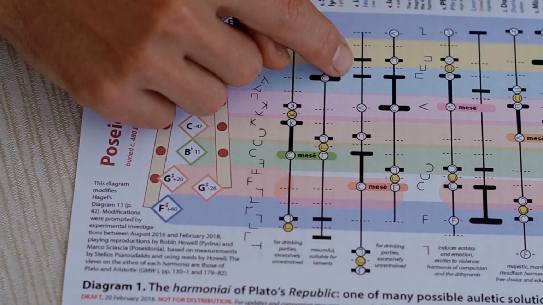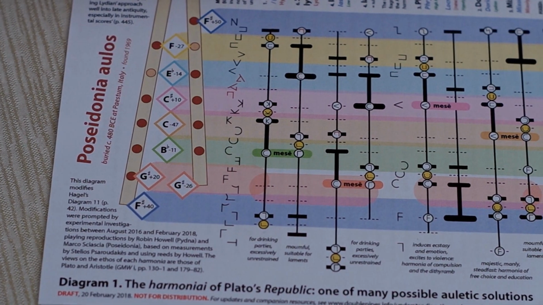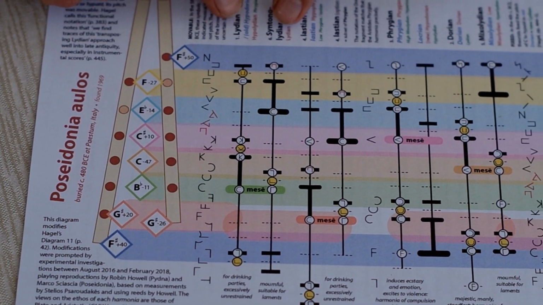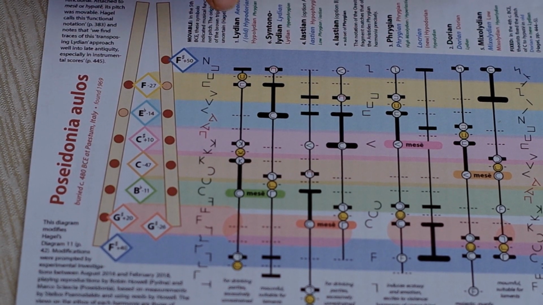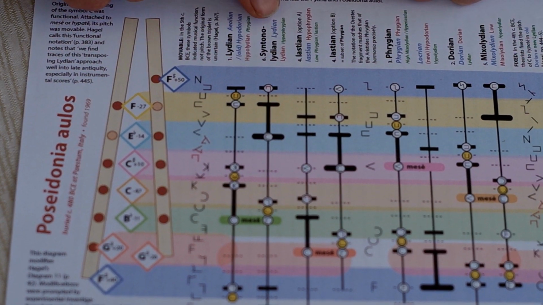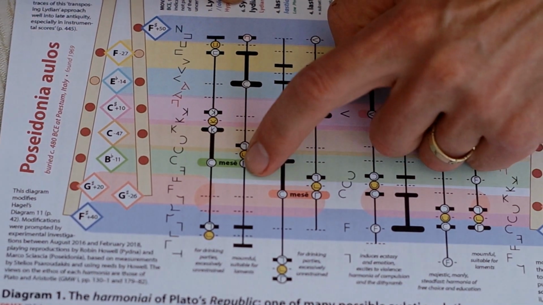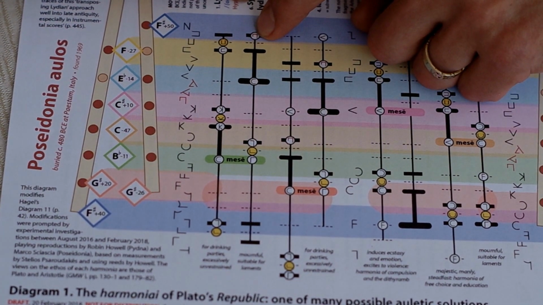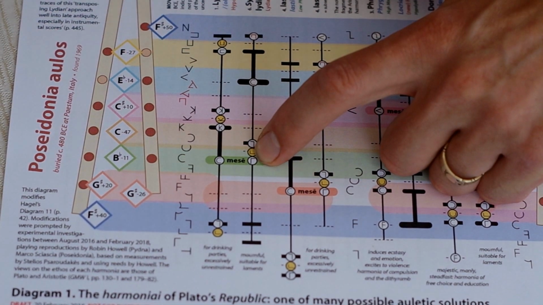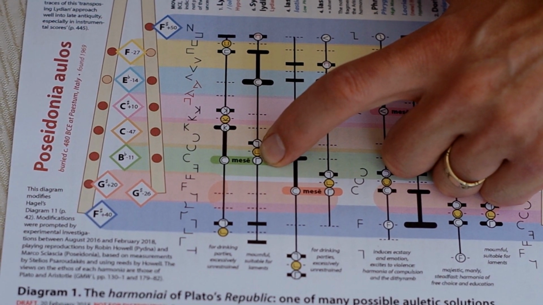So this Lydian area corresponds to two of the Aristides scales, which he calls Lydian and Syntonolydian, or tense Lydian. And of course the tense Lydian has notes higher up. So these in the little white and gold circles, that's the notation that Aristides gives.